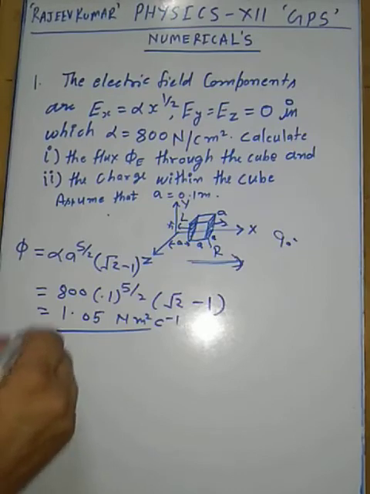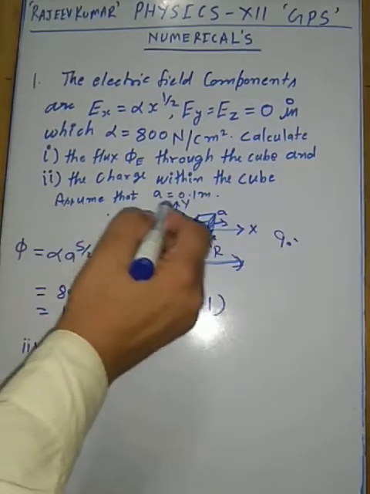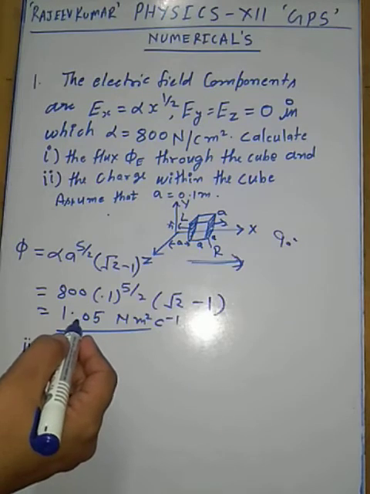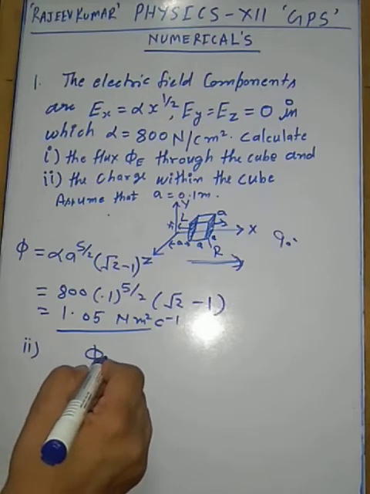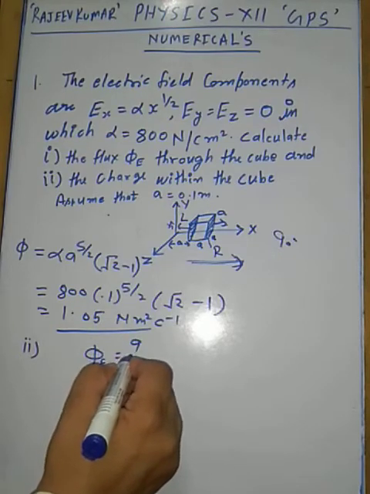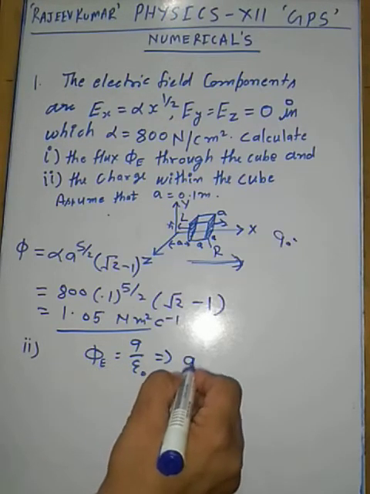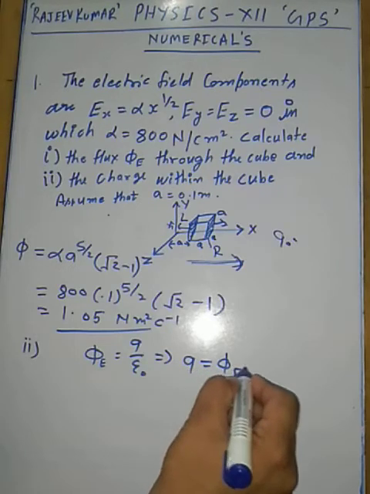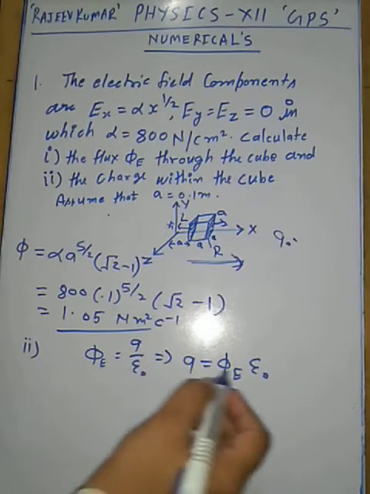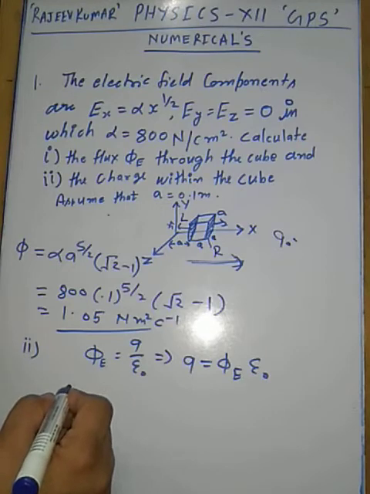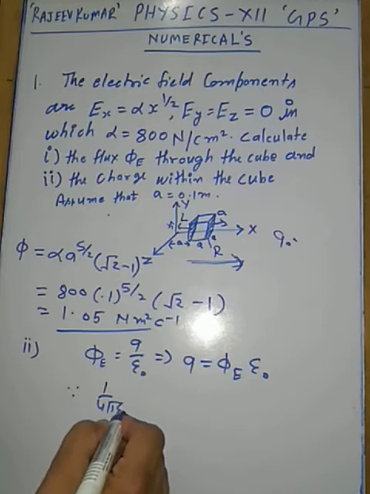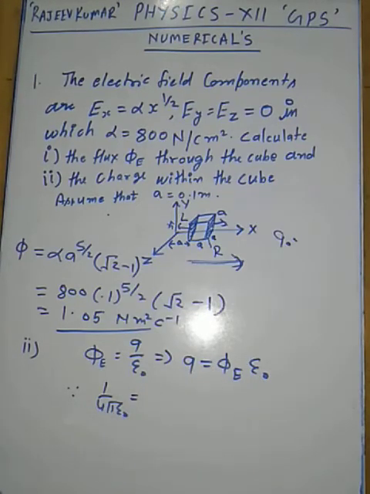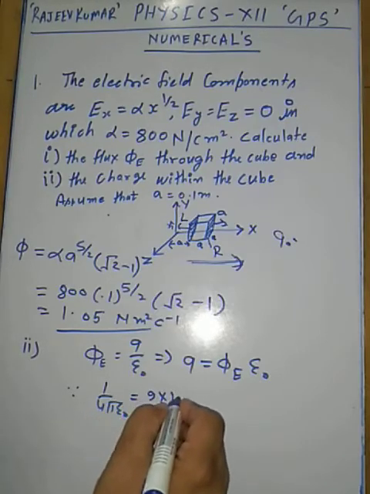The second part of this question is the charge within the cube. We have calculated the flux. We are going to calculate the charge now. By Gauss's law, phi E is equal to Q upon epsilon naught. We can calculate Q as phi E times epsilon naught, and the value of epsilon naught may be calculated by the formula 1 upon 4 pi epsilon naught, which is 9 into 10 to the power 9, or directly we can write 8.85 into 10 to the power minus 12 also.